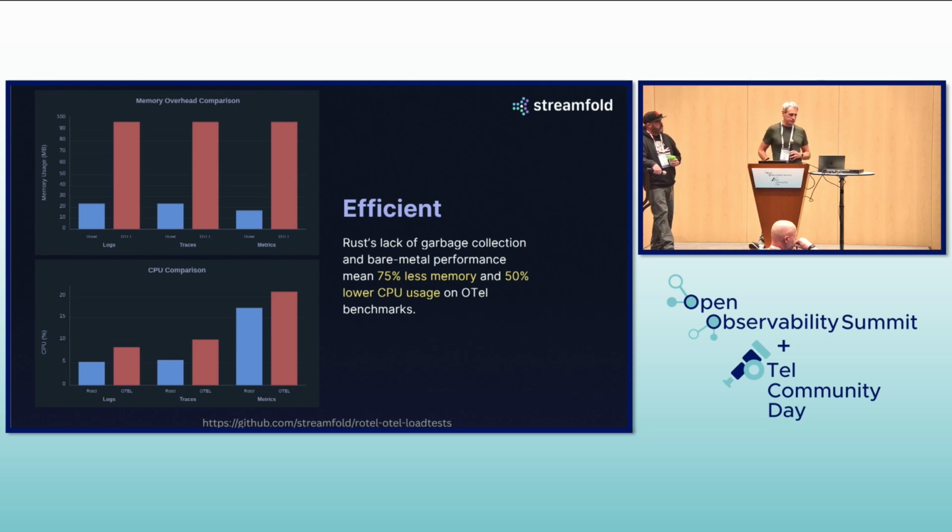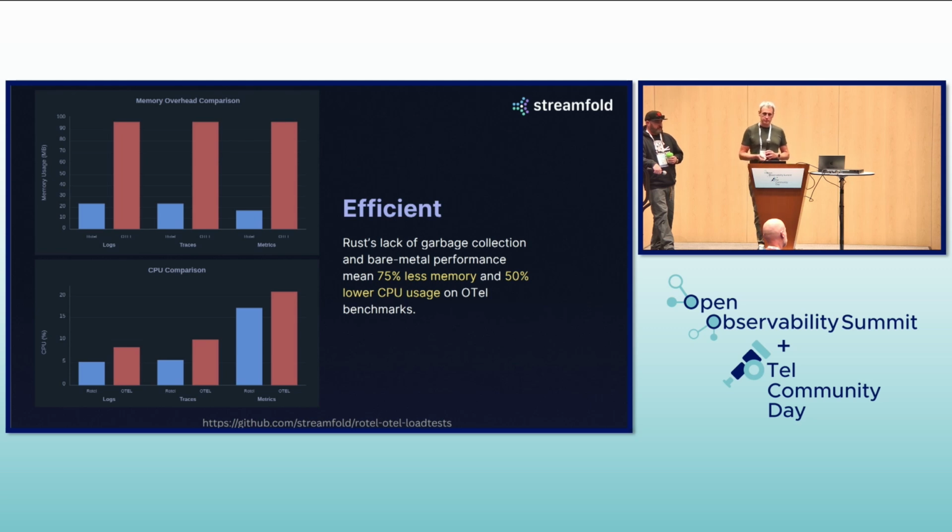What we did was run this through the Rotel testbed. We added a little wrapper that allows us to convert a config into the format Rotel takes in terms of environment variables. Link the repo that we're using down there to do that. But yeah, running through the logs, metrics, and traces testbeds, we get pretty good performance.